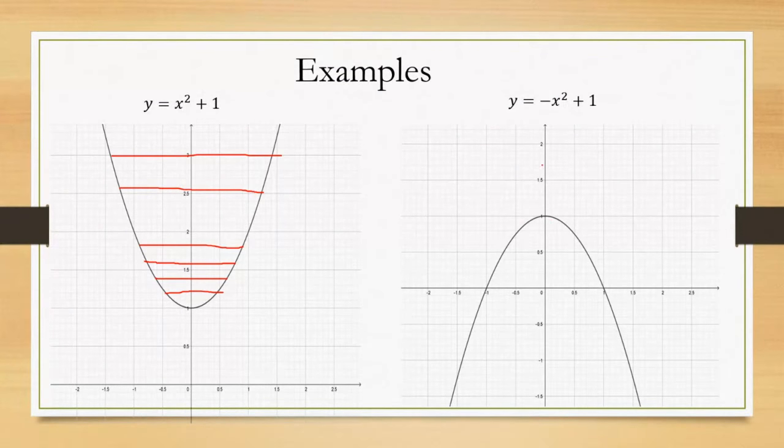Here, the big difference is that we're taking this graph and flipping it. That is, we're turning it upside down. And we get this graph opening down. In this case, the range is from 1, but it goes down to minus infinity. Same idea, you have these horizontal lines.